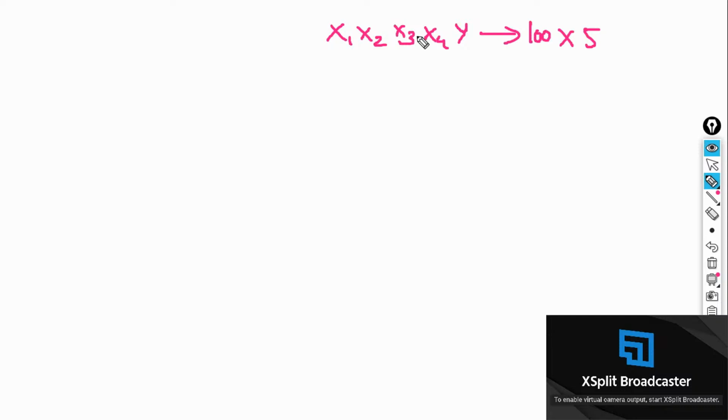Please use the chat. Yes, it is 100 rows. 100 by 5, rows by columns. So 100 rows and 5 columns. Clear? How many inputs do I have in this data?